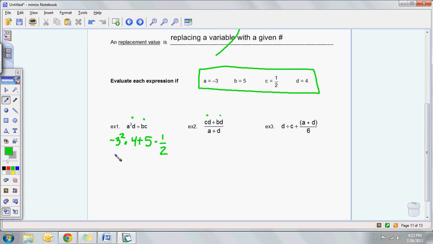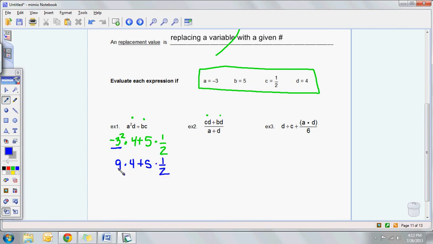Okay, so now we've got it all filled in, and now it looks eerily familiar to what we did yesterday. So we're going to simplify this by doing order of operations. So the first thing I'm going to do, according to PEMDAS, is our exponents. So -3 times -3 is going to give us a +9, and then I'm going to bring everything else down, just like I did yesterday.